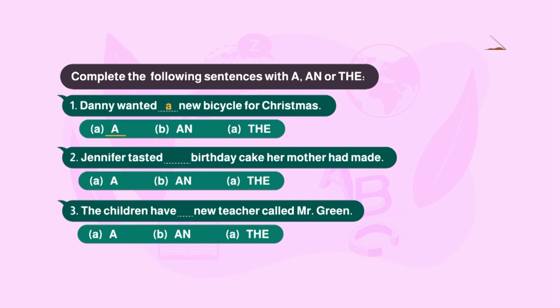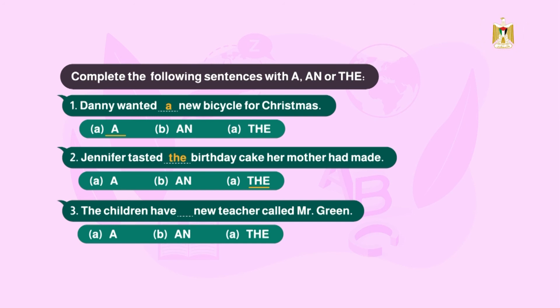Number 2. Jennifer tasted blank birthday cake her mother had made. Good. Jennifer tasted the birthday cake her mother had made. Number 3. The children have blank new teacher called Mr. Green.